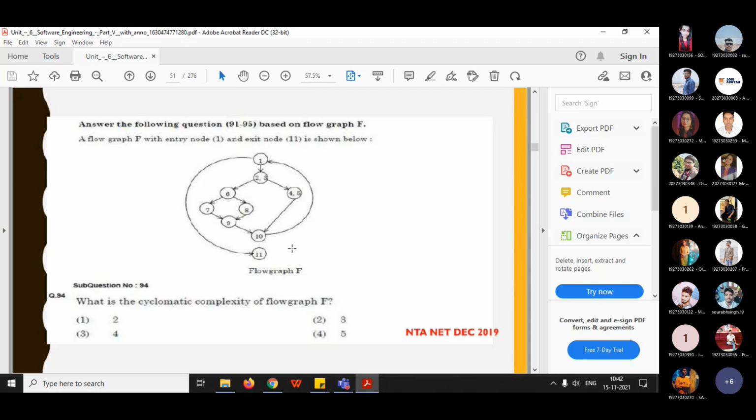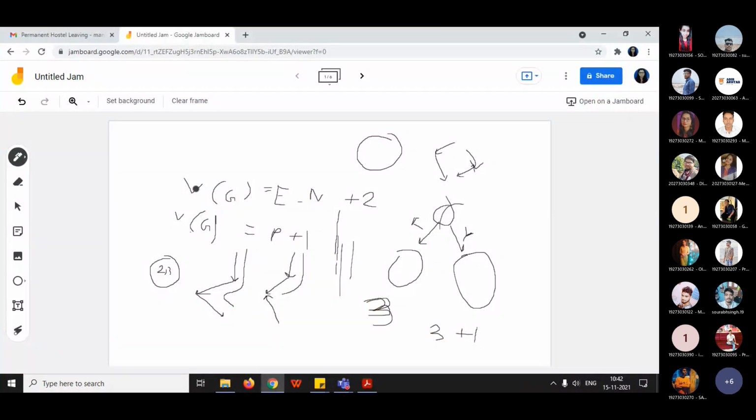Yes, very good. Same thing, same formula. Actually, using cyclomatic complexity, we are finding out the number of regions in a given graph. You can find the cyclomatic complexity using the formula Vg equals E minus N plus 2, and Vg equals P plus 1, and you can also find the number of regions using this formula. So both are the same.